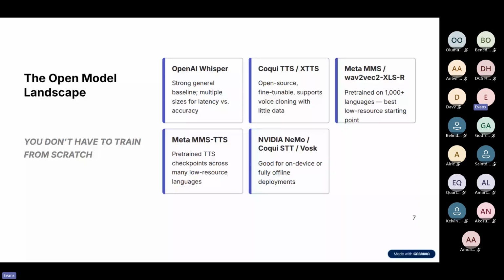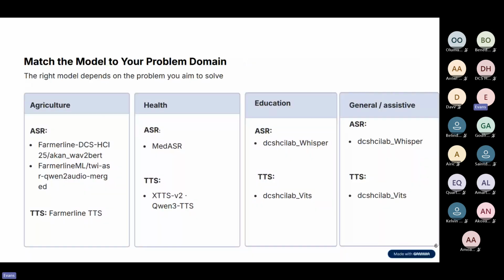All right, so now that you've seen the models out there, how do you decide on which particular one to use, right? The model you pick should be perfect for your problem domain. So you don't want to choose a model that doesn't work for your use case. So we would look at some models that are good for some problem domains.